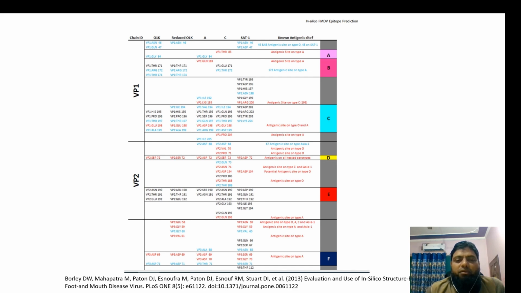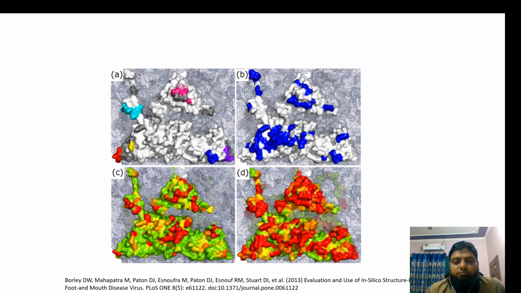Here we have the VP1 gene, VP2 gene, and within various serotypes, which kind of antigenic epitopes exist within these protein structures. And again, this diagram is indicating the conserved regions within these structural proteins among the various serotypes.